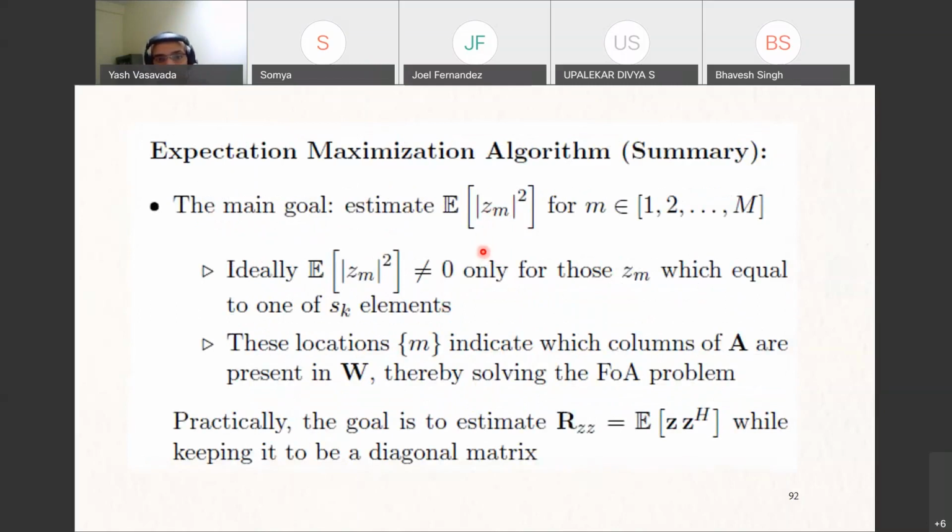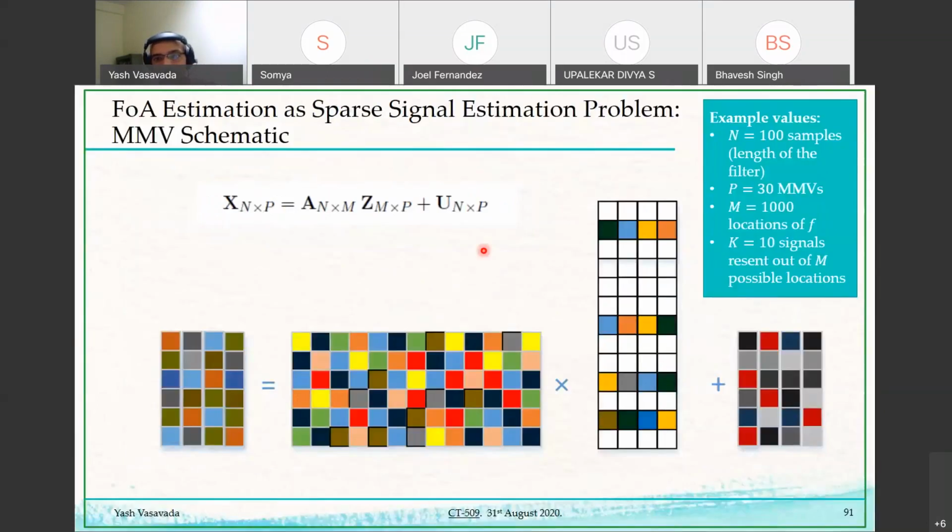See, in this formulation, we saw that there are only a few rows which are non-zero. All the others are zero. In the EM algorithm, at the initialization, because I don't know where these frequencies are, I say that all of them are present, which is quite something.